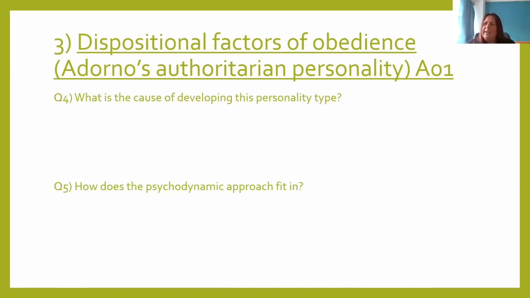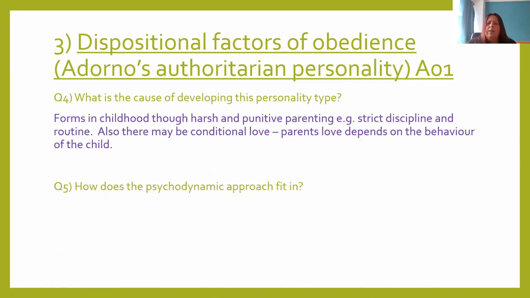We're going to link into one of my favourite approaches here, which is the psychodynamic approach. So if we're talking about an individual here, we're talking about their personality development, what sorts of things can you remember are some of those key assumptions from the psychodynamic approach? And so when you think about some of those key assumptions, the unconscious drives and early childhood experiences determining our adult behaviour, it's no wonder then that the cause has been proposed to be something that happens during our childhood.